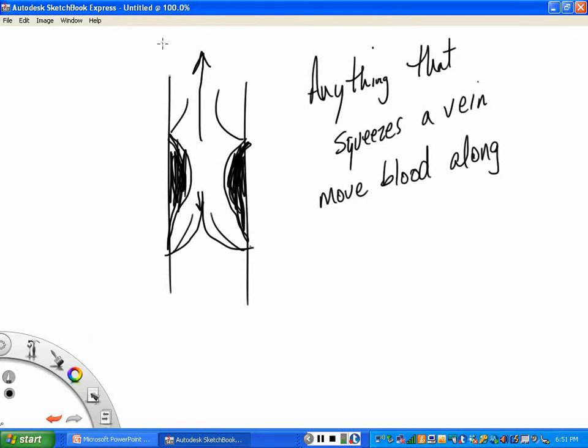Hey, what kind of things in the body naturally squeeze veins? The number one is muscle contraction. Have you ever heard that exercise is good for your circulation? When you're exercising, your muscles are contracting and relaxing, contracting and relaxing, and they are squeezing your veins.